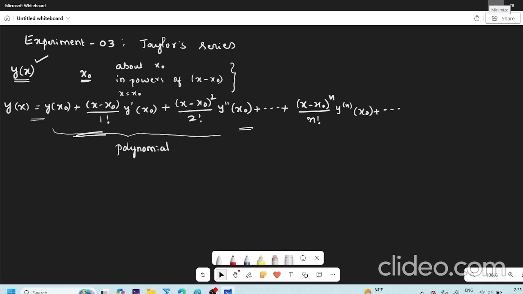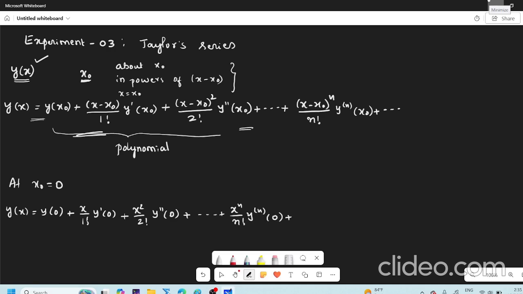Now we have a particular case of this series, that is at x naught equal to 0. Suppose we obtain the Taylor series expansion at the point 0. That has some speciality. Such a series is of the form y of x equal to y of 0 plus x by 1 factorial into y dash of 0 plus x square by 2 factorial into y double dash of 0 plus, and you can write the general term as x power n by n factorial into y n of 0 plus and so on.